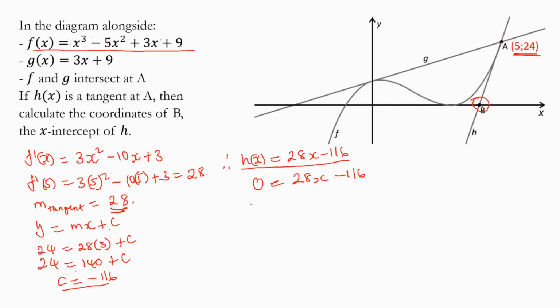Then we transpose. You bring the negative 116 this side. 116 is equal to 28x. Then divide by 28 on both sides of the equation. We'll get 29 over 7, you can use your calculator, which is equal to x. So meaning that therefore the coordinates of B are (29/7, 0). These are the coordinates of B.